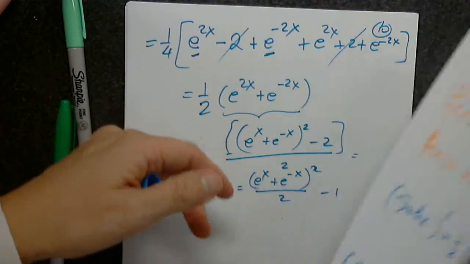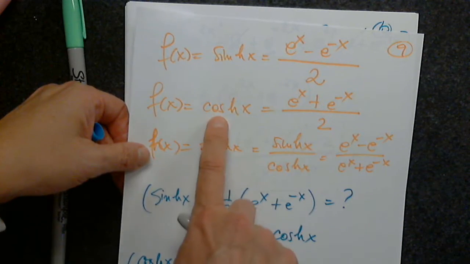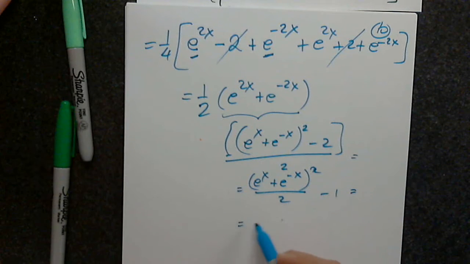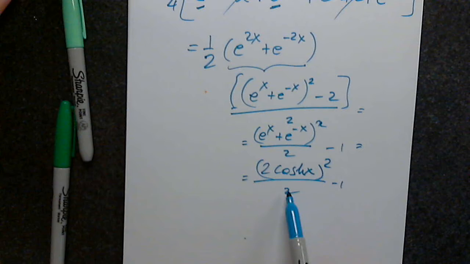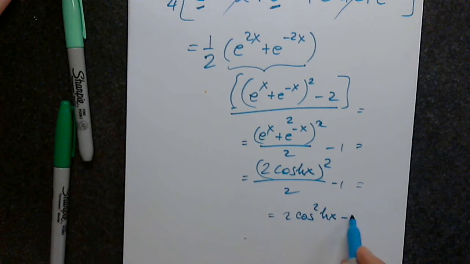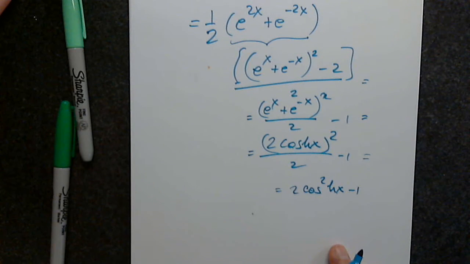Because cosine, yes, so this piece is 2 times cosine. Am I getting anywhere with that? So 2 times cosine hyperbolic squared divided by 2. So I get 4 divided by 2, so 2 hyperbolic cosine squared minus 1. All these functions have very similar identities with the trig functions. Very similar.